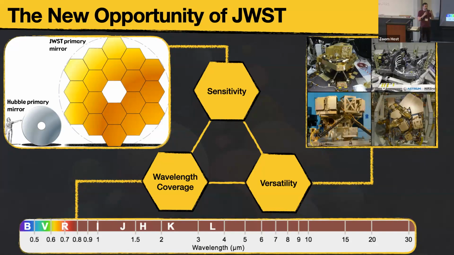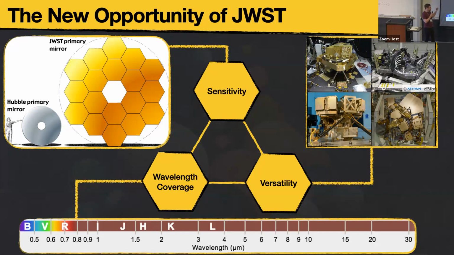And then the final one is the obvious one, but quite important. We have this incredible versatility with JWST, where we have all these different instruments and modes that are, in many cases, bespoke. They're designed for exoplanet science, particularly for imaging. So having that capability gets us off the starting mark and lets us perform these observations. To sum this up, it's not one thing that makes JWST great.